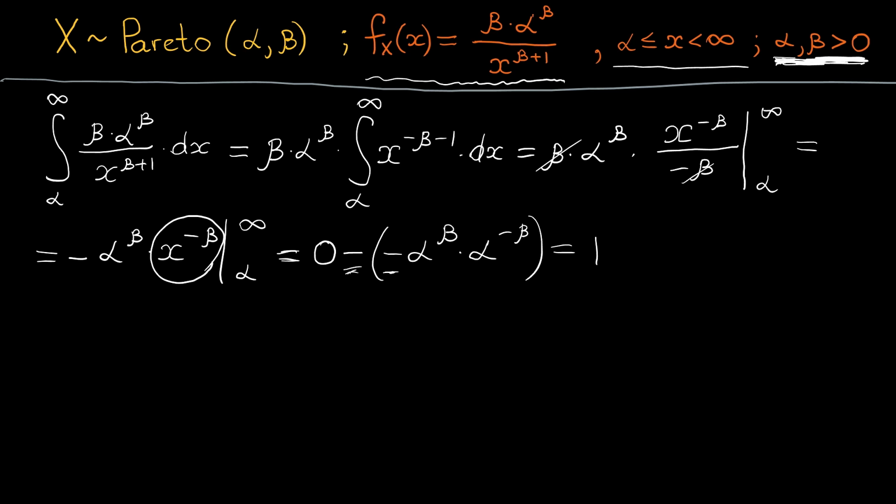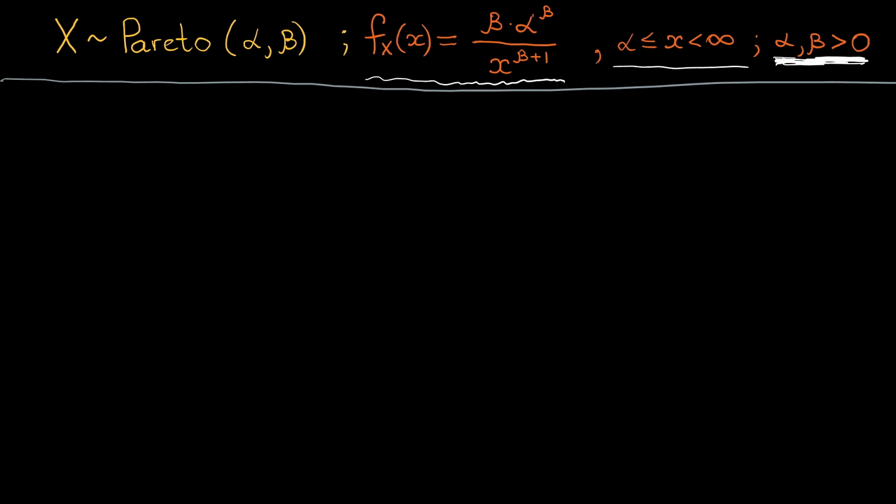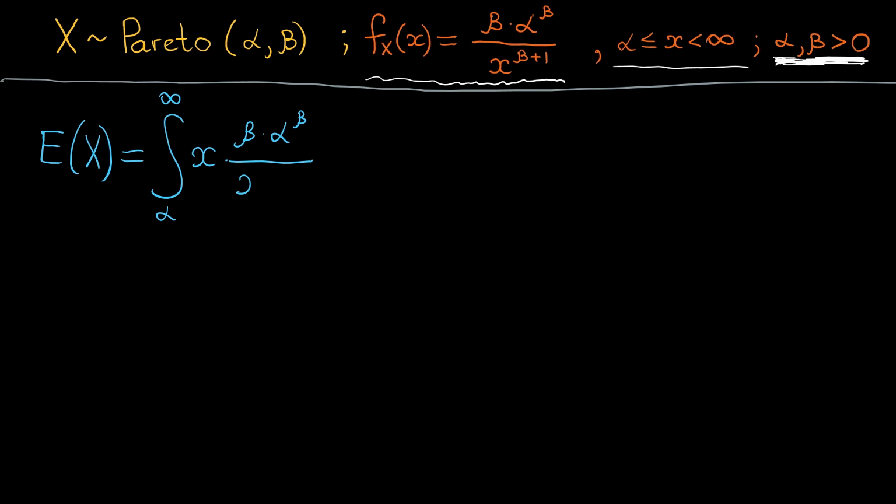Now let's investigate its expected value. The expected value of x, by definition, will be the integral over the support, which goes from alpha to infinity, of x times the PDF of x. So let's write that out, and then we just need a dx, and we are good to go.